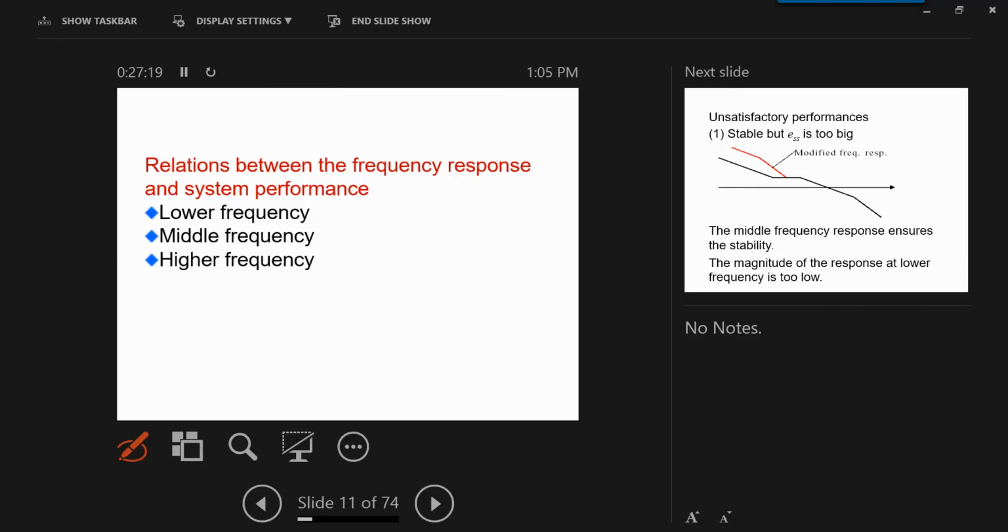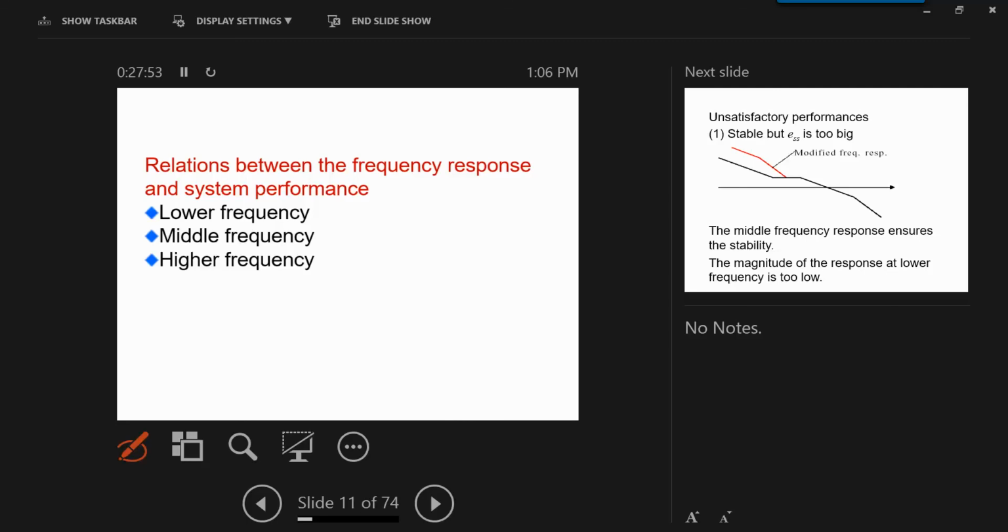Now let me bring your attention to this. When we did the frequency response, we used three approximations, right? The low frequency, the high frequency, and the middle frequency. This is how we plotted the gain and phase of the system, the Bode magnitude and the phase angle.